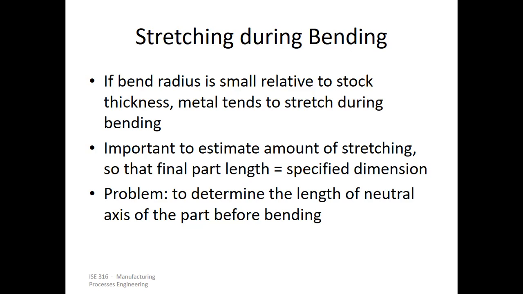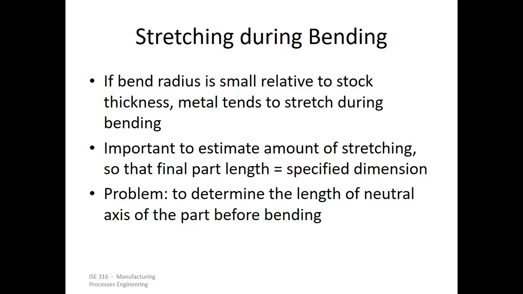It is important to estimate the amount of stretching, so that the final part length is equal to the specified dimension. This is very important. You have to ensure that stretching is being accounted for, along with all other external factors, to come up with the stretch that would happen if we were to physically subject that sheet metal to it.